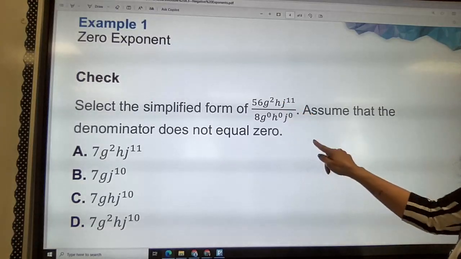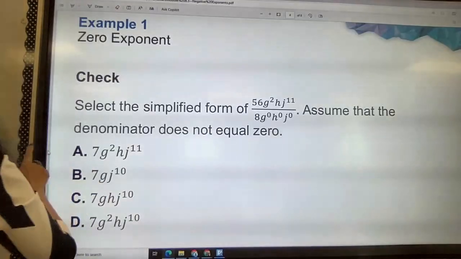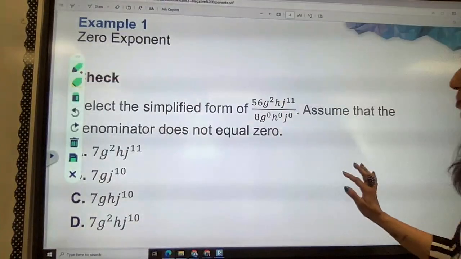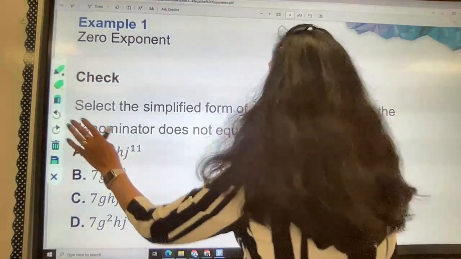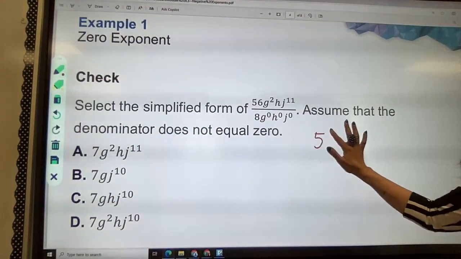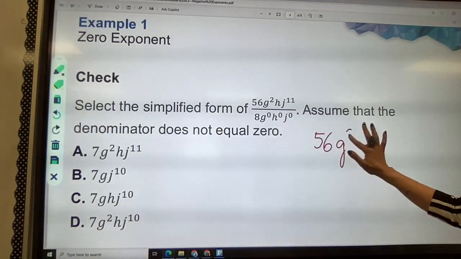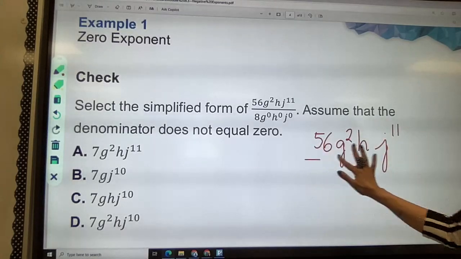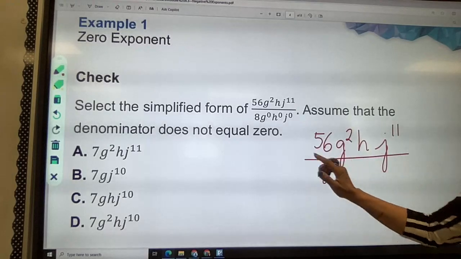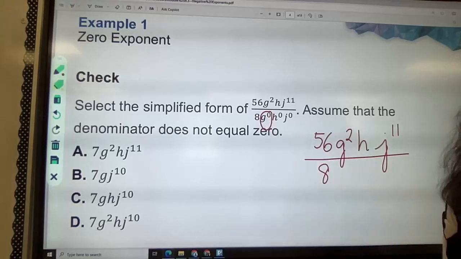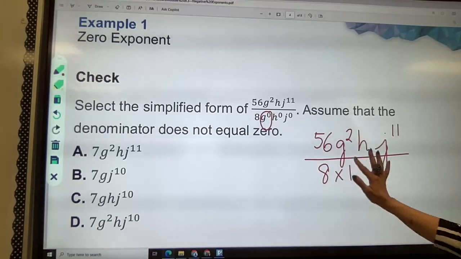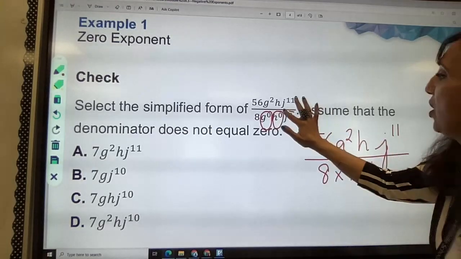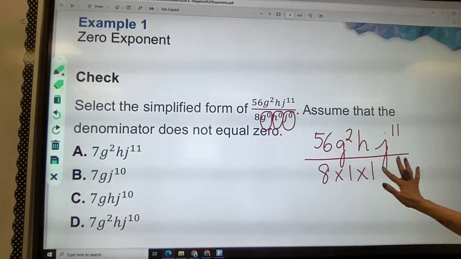So we have 56 g squared h j raised to the 11th power over 8 times g raised to the 0 power, which is 1, h raised to the 0 power, which is 1, and j raised to the 0 power, which is 1.